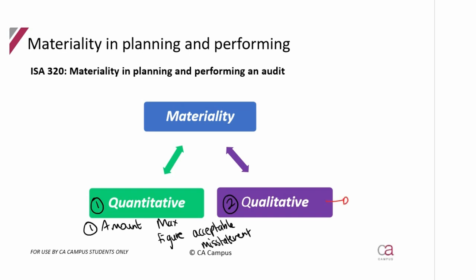So ultimately, qualitative materiality is your IFRS requirements or your financial reporting framework requirements, because we know it's IFRS. So what are we saying? If a financial statement item is presented or disclosed or classified in a way different to what the IFRS requirements show, it would be qualitatively materially misstated.